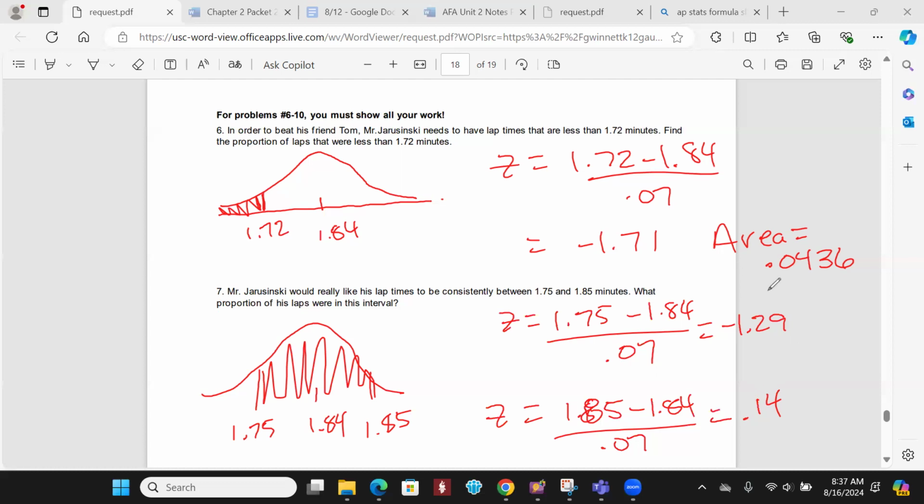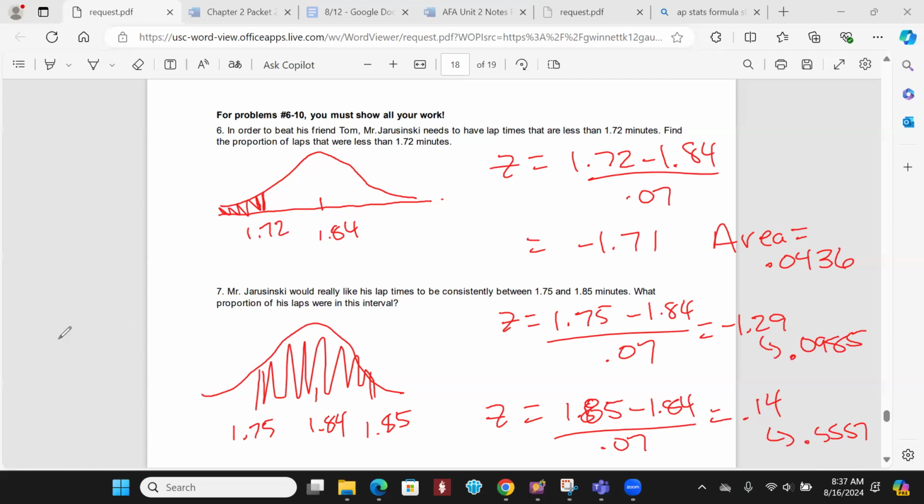Okay, so the area is going to be 0.0985 for this first one and 0.5557 for the second one. And then you're going to subtract those two.